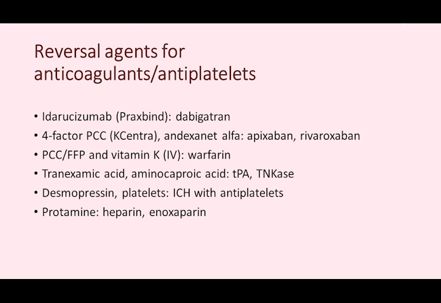And we're reversing the effect of apixaban and rivaroxaban by supplementing the patient with more coagulation factors. At Hendrick, we only carry Kcentra, and so andexanet alfa is not available. It is very costly, and at the moment, I feel like there is not enough convincing data to have it in stock just yet.